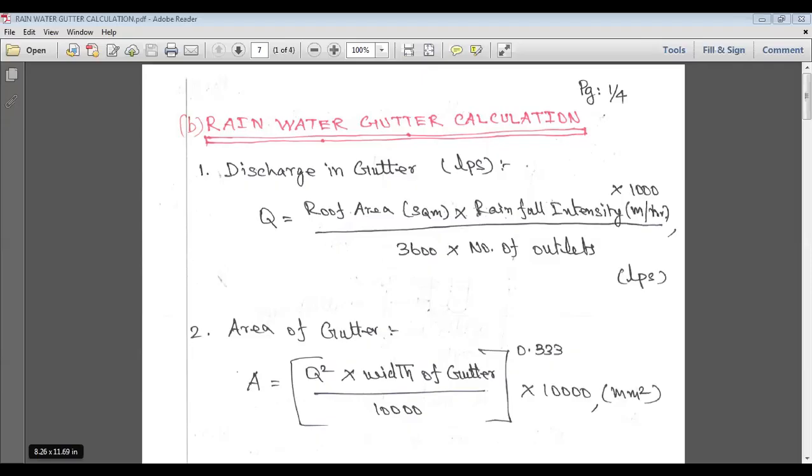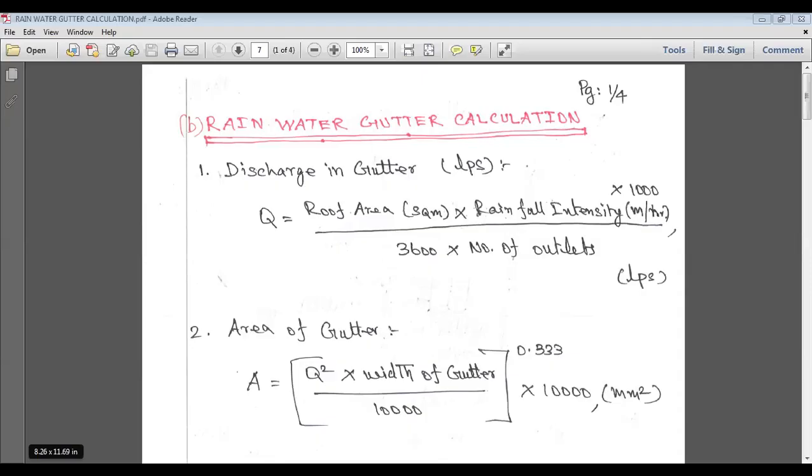This is the Williams formula for the velocity. If you multiply the velocity by the area, you will get the flow rate. That is the only thing we have to do: Flow Q equal to area into velocity. So for C, what is it?